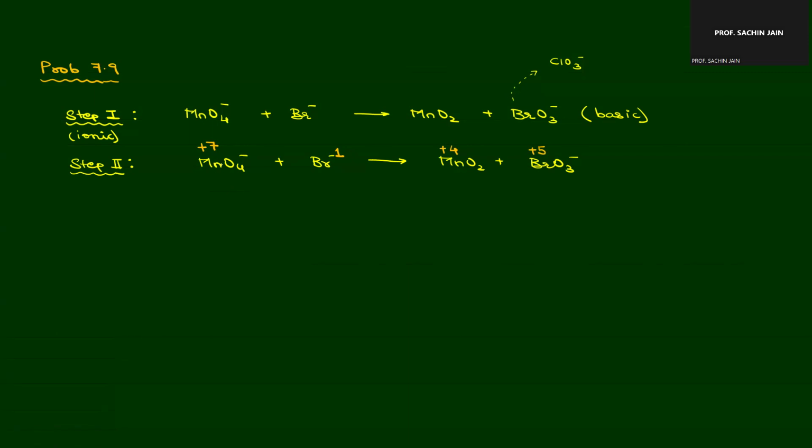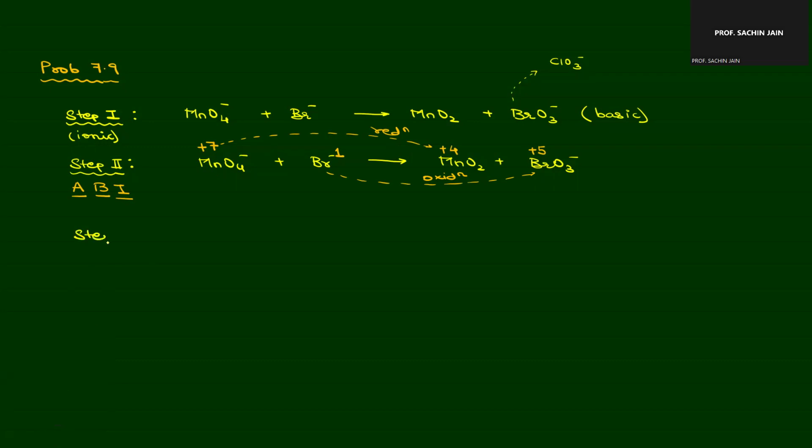Balancing is not required because Mn and Br are single atoms on both sides. So assigning is done. Identification: +7 to +4, it undergoes reduction, and -1 to +5, it undergoes oxidation. So step 2, the ABI step, is done.